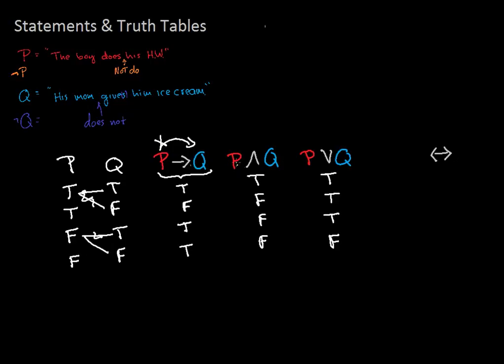Now P if and only if Q is the same thing as saying P implies Q, and Q implies P. I want to write this out, so P implies Q, and put these in parentheses, and Q implies P. If and only if means it goes both ways.